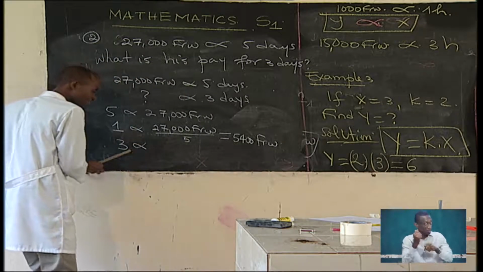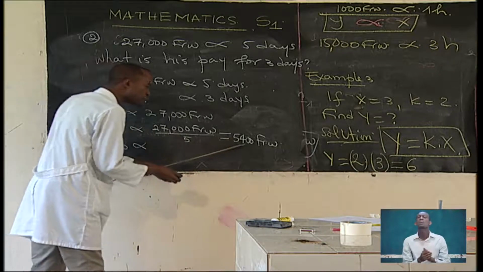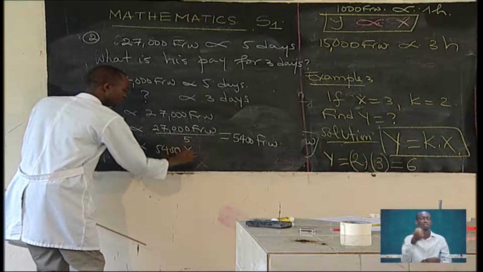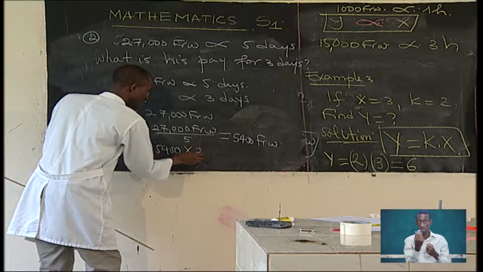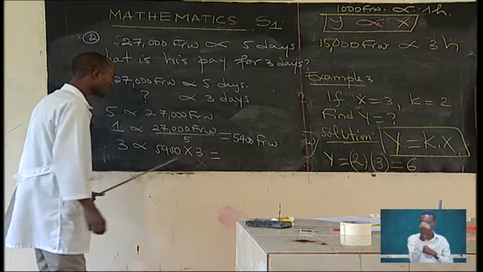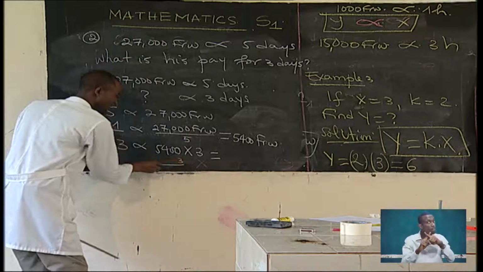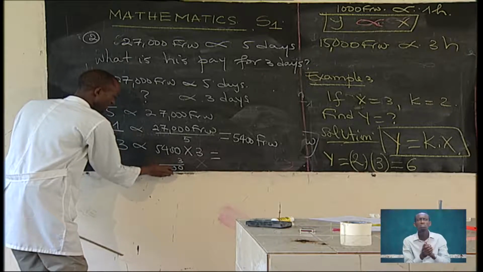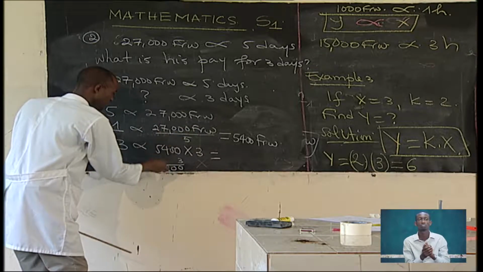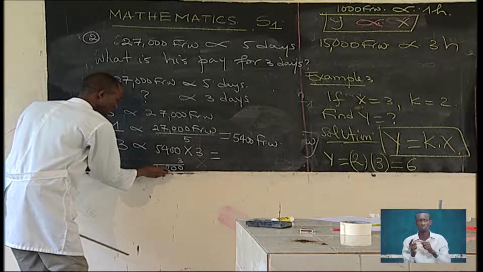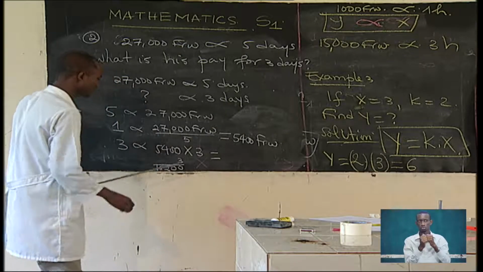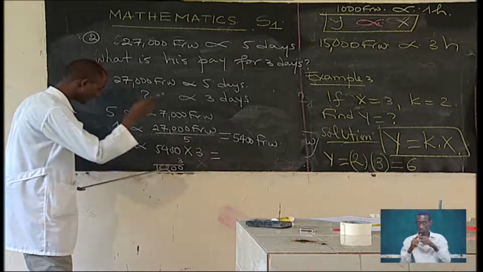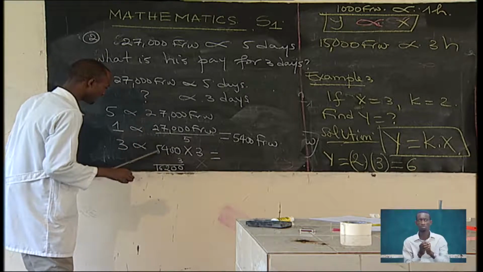What about 3 days? It will be proportional to the amount he gets per 1 day times the number of days he has worked. What do we get? It is 3 over here. This is 0. 0. 3 times this is 12. 2, I keep 1. Then 15, 16. We repeat. This is 0. 0. 2, I keep 1. And then 15, 16.